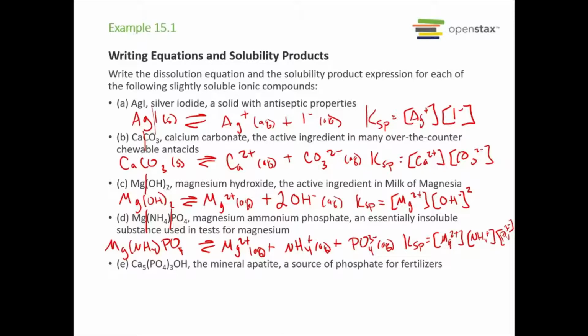All right. The mineral apatite, Ca5(PO4)3OH, the source of phosphate for fertilizers. That's going to give us 5 calcium 2 pluses plus 3 phosphates, PO4 3 minus, plus 1 OH minus.